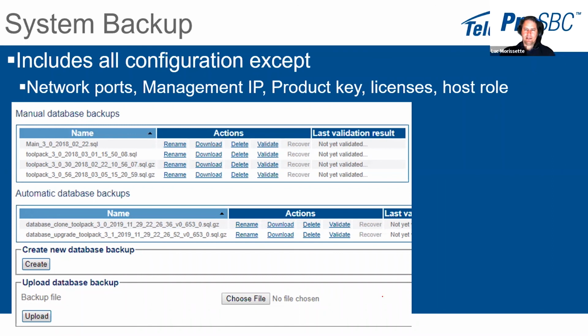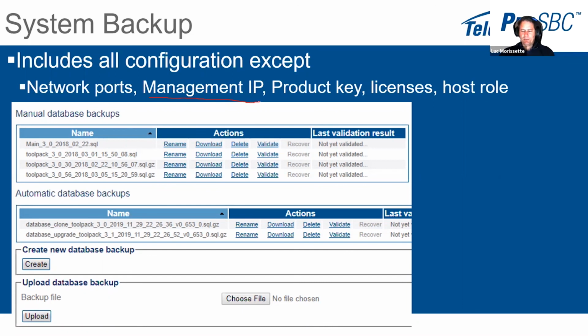So if you click on the backup tab I showed you before, you will create a backup of all the system. But there are a few things that won't show up in the database backup. For example, the management IP is not included in the backup, right?